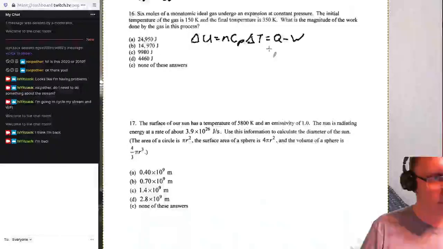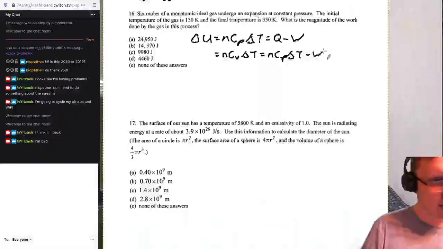Oh, right. That's not correct. This is N CV delta T, and Q is N CP delta T minus work.